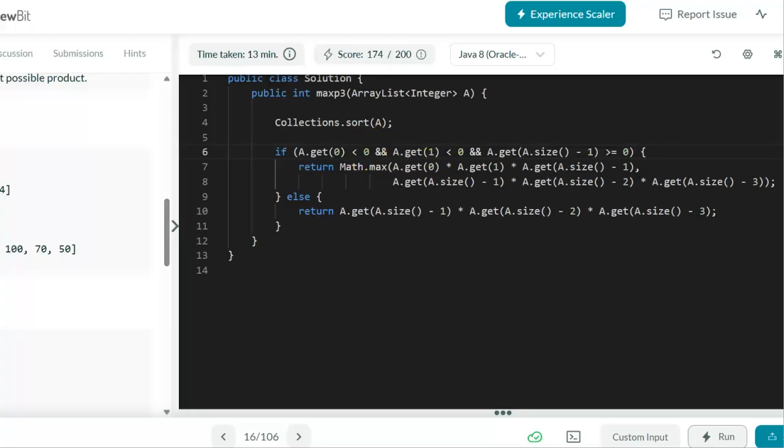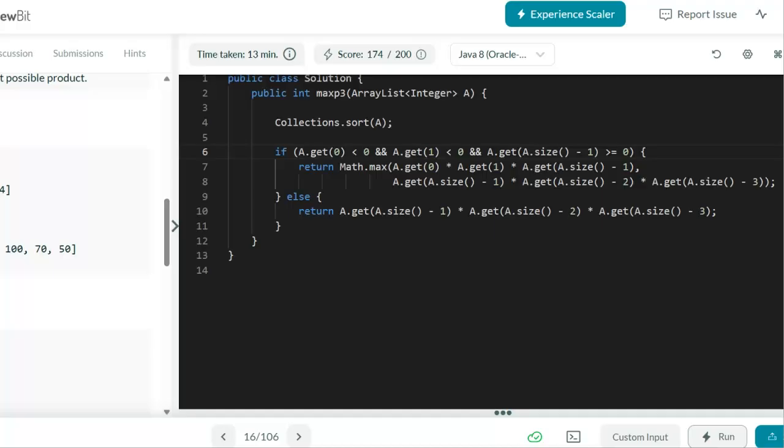If this situation on line 6 does not hold, then we're just going to multiply the three biggest numbers, right? And that even applies if all the numbers are non-positive, because we're either going to get 0 or a negative number in that case, and the best we can do is to multiply the three biggest numbers.